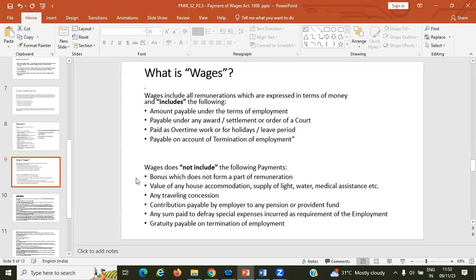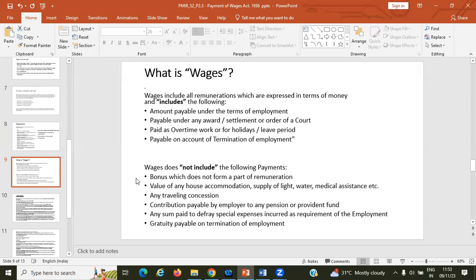Value of any house accommodation. They have given some benefits, electricity, water, lighting, house accommodation, traveling expenses. Suppose every day you are commuting, they are giving some money or they are giving a pass. You can use that pass for your commutation every day.